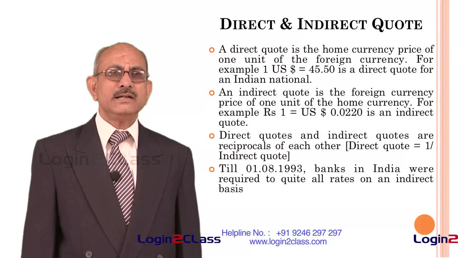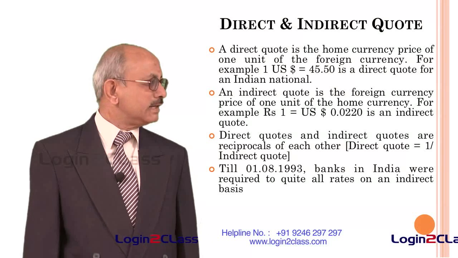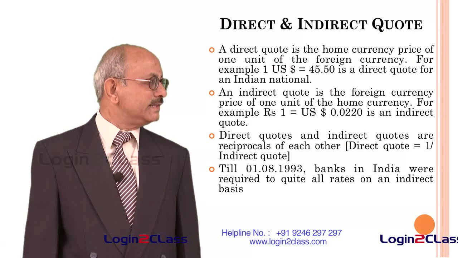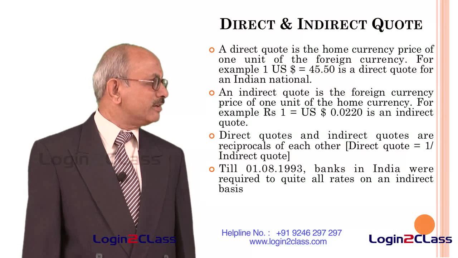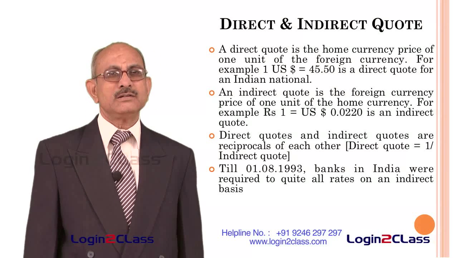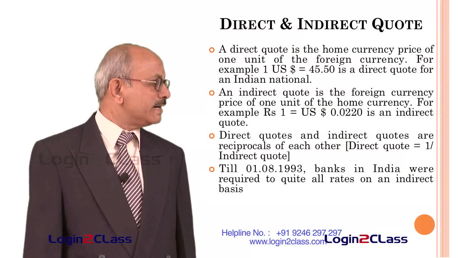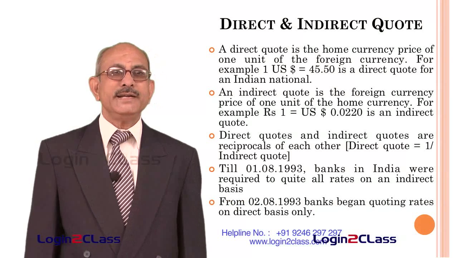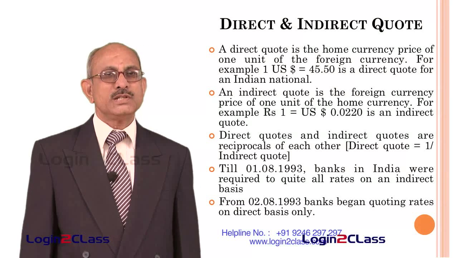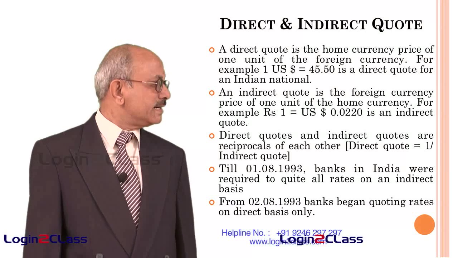In India, traditionally we used to always quote the indirect rates. That was until 1993. Banks at that time were required to quote all rates on an indirect basis only, and that caused a lot of confusion in the minds of the people who would be buying and selling foreign currency. So India changed the system to direct quotes from 2nd August 1993.